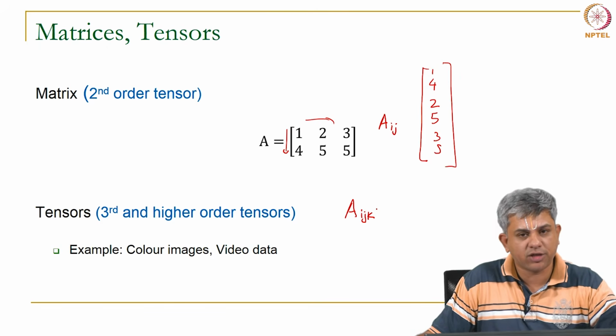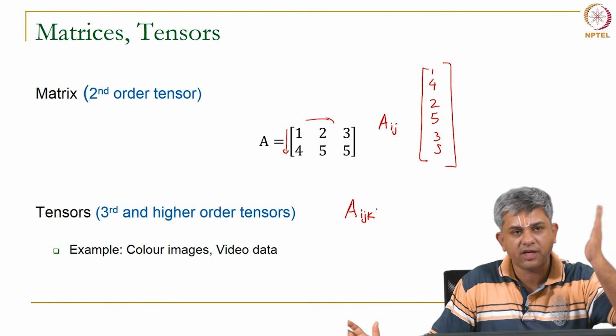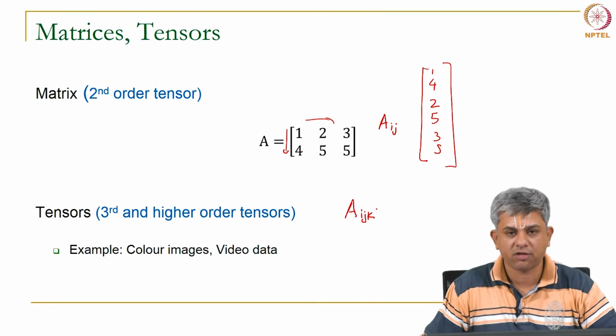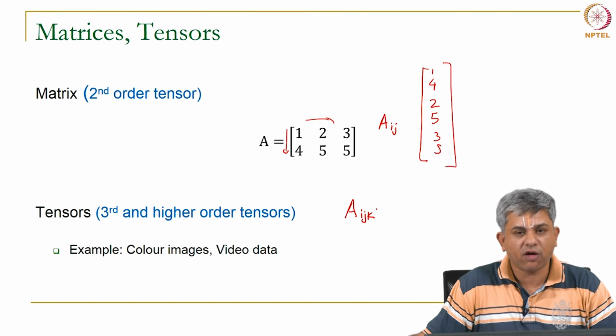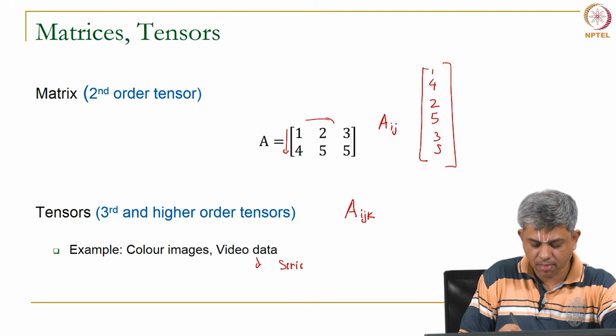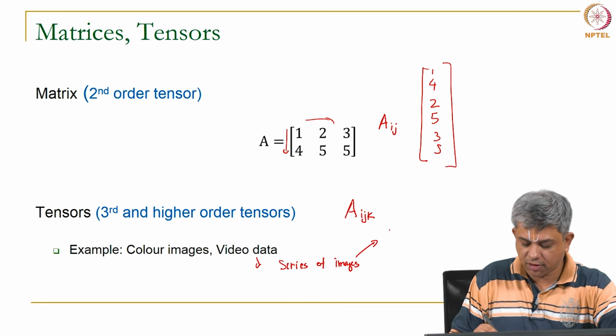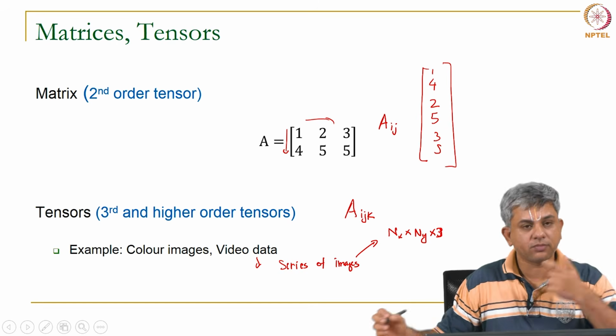Now, color images, as I showed you the India image earlier, it has naturally got a tensor representation, okay, number of pixels and each channel multiplied by number of channels. Okay. Video data, now you can think of, that is interesting, because now a video data is a series of images. And each image has, you know, nx cross ny cross, let us say 3.